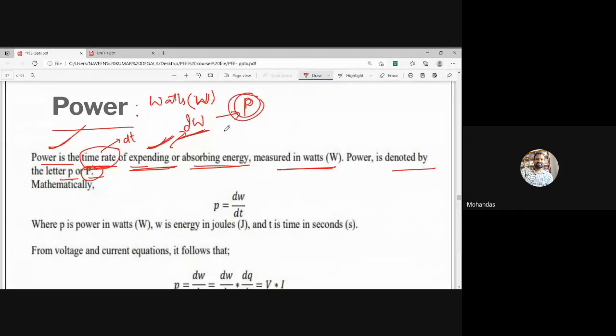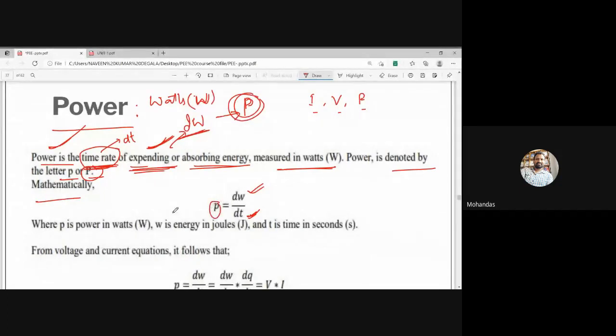Letter P. These are very, very important. So current I, voltage V, power P. These are the electrical quantities. Now, how to write mathematically here? A mathematical expression can be written from the definition only. Time rate of expending energy means dW by dt. dW by dt is power.